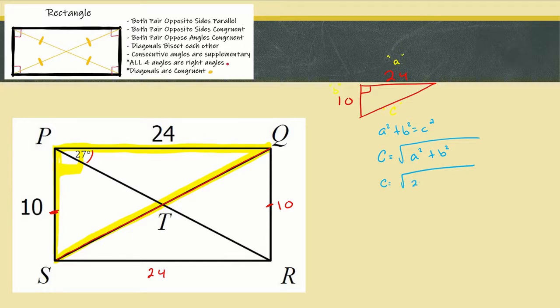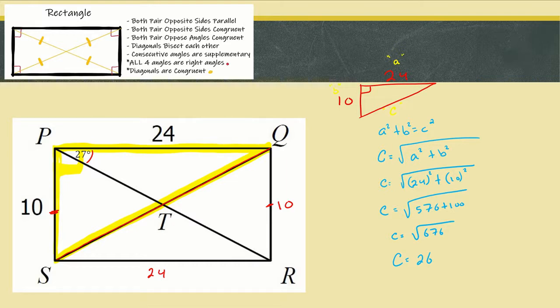So A is 24, and we're going to square that. B is 10, and we're going to square that. So we have C is equal to the square root of, so 24 times 24 is 576. 10 squared is 100. Add them together, and we are looking for the square root of 676. So the square root of 676 is going to be 26.